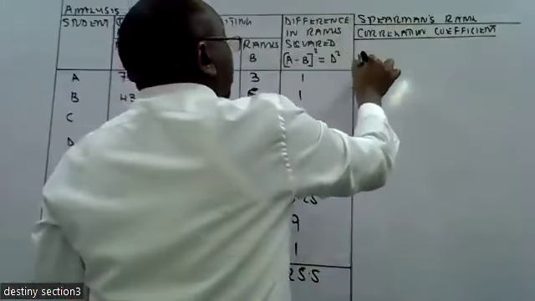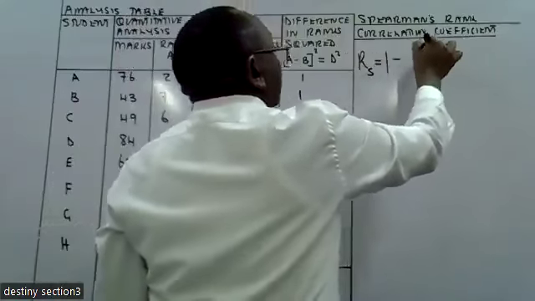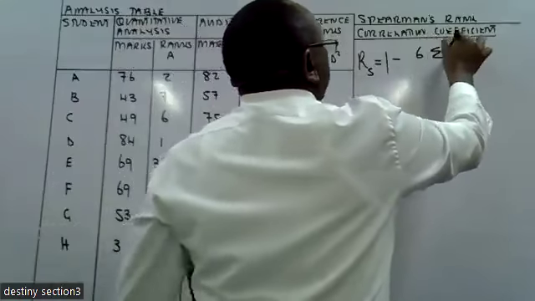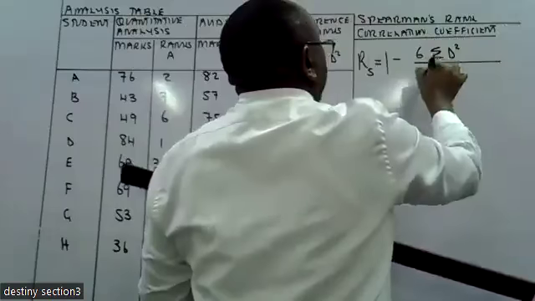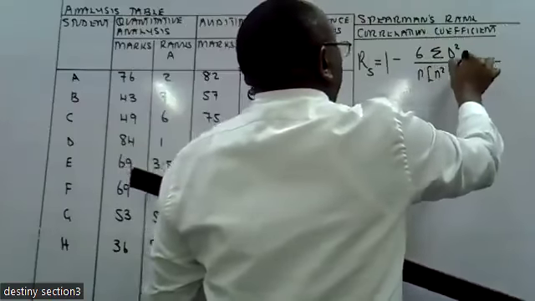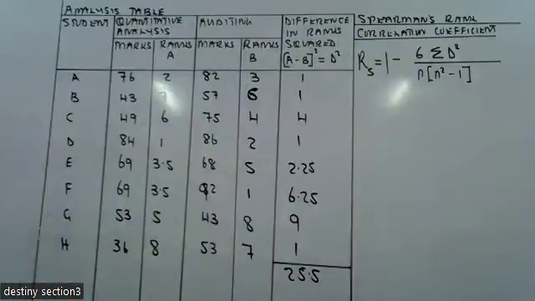This one is normally denoted as RS is equals to 1 minus 6 sum of d squared, you divide by n brackets n square minus 1. That's the formula of getting that.